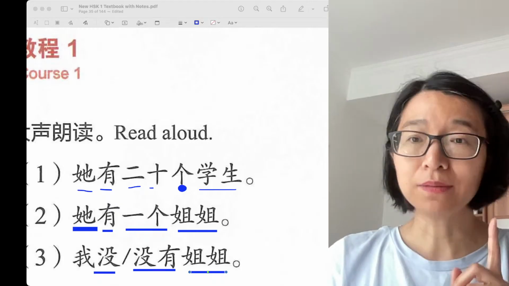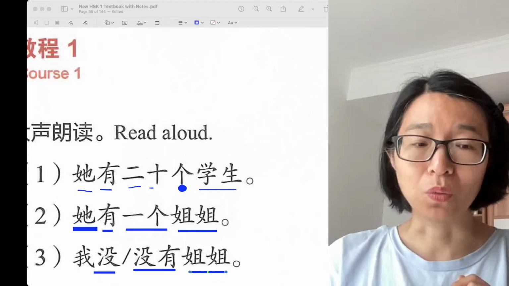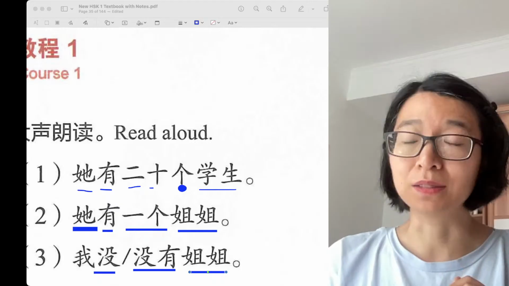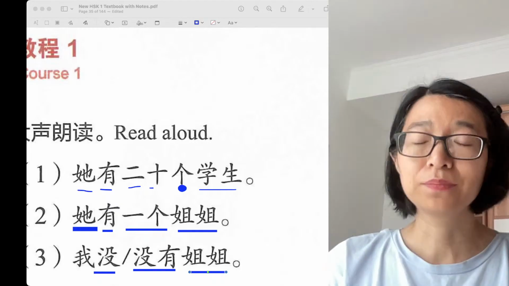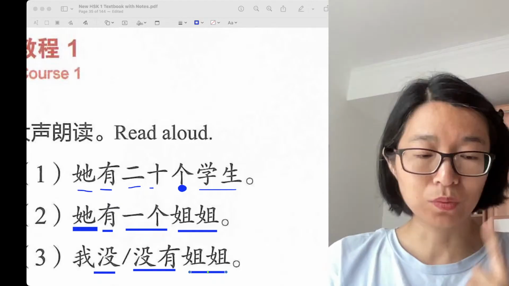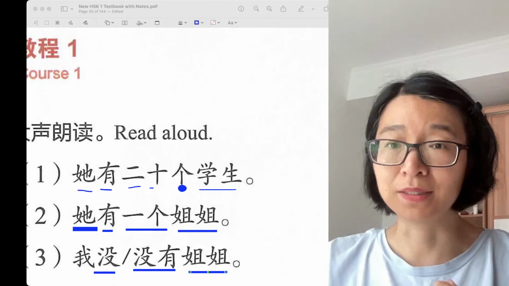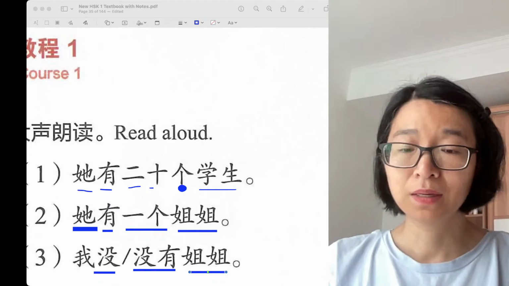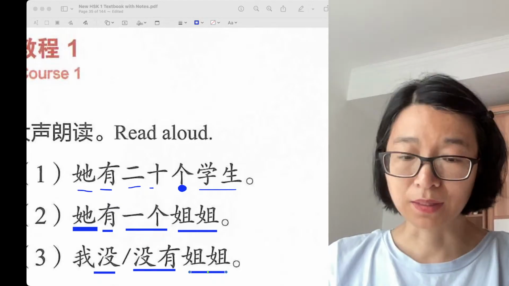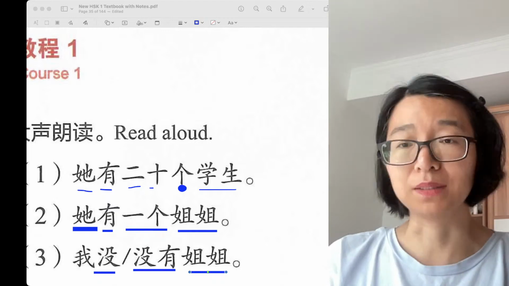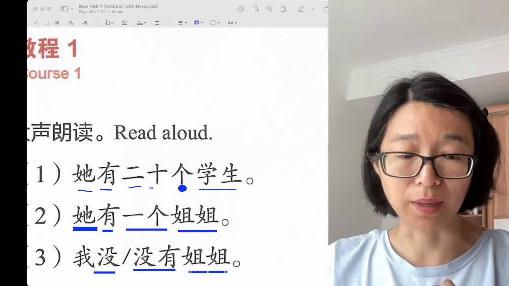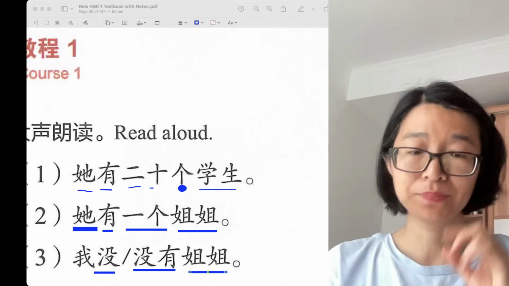Okay, 一, 他有20个学生. 二, 他有一个姐姐. 三, 我没姐姐, or 我没有姐姐. Okay, clear?